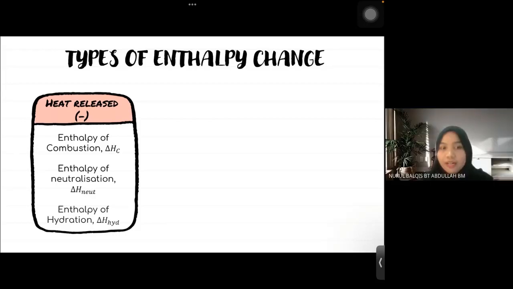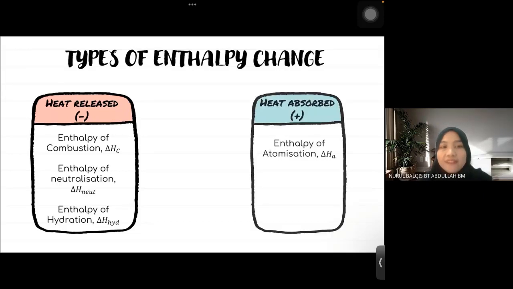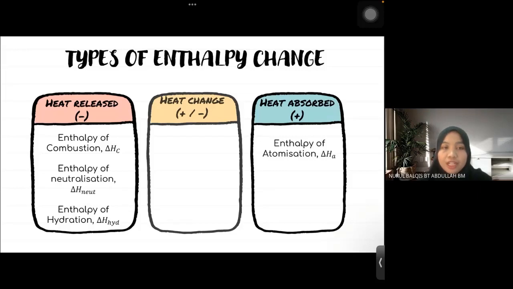Okay, next one, we have heat absorbed. Under heat absorbed, we got only one type of enthalpy, which is enthalpy of atomizations. Enthalpy of atomizations is the only one that is positive. Next, we have heat change. They can be either positive or negative, depending on the information given, because positive or negative is determined by the experiment as well.